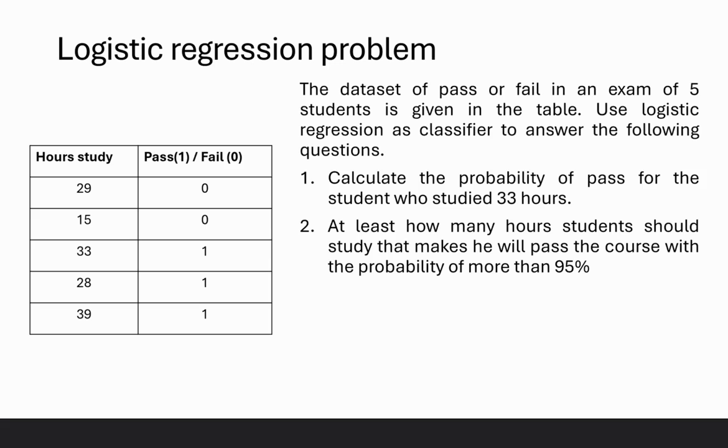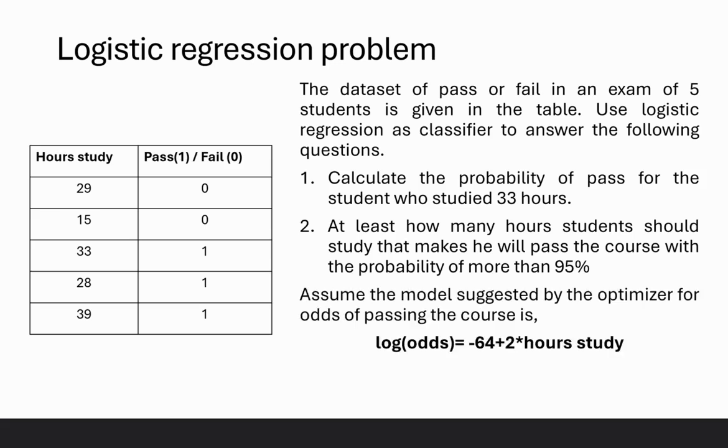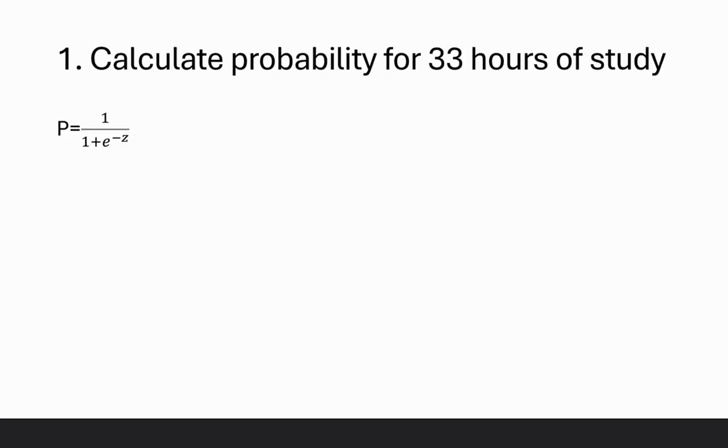To solve this problem, we have to assume a model suggested by the optimizer for the given odds of passing the course. That is a logarithmic function, log of odds is equal to this formula. So assume the model suggested this logarithmic function. The next step is calculating the probability for 33 hours of study.